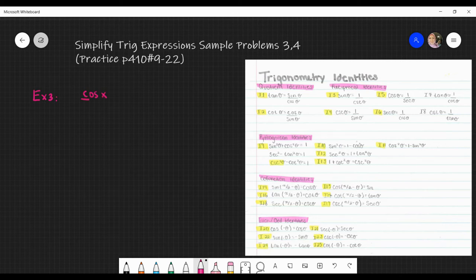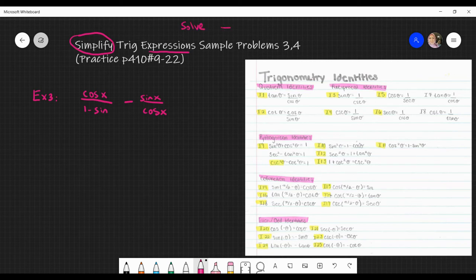Cosine x over 1 minus sine x, minus sine x over cosine x. And as you see, the word simplify comes with the word expression. A big misconception would be solve. We are not solving.